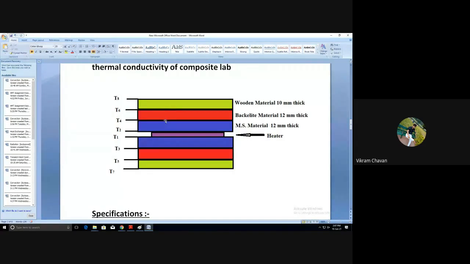Now a similar configuration we have provided on the other side of the heater. The heater is placed between two composite slabs having the similar configuration. The same MS plate, blue colored, is provided on the other side of the heater, then the bakelite material in red, and the green one is the wooden plate.